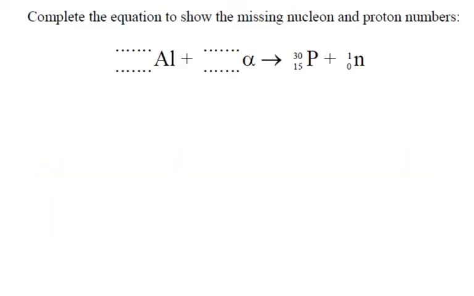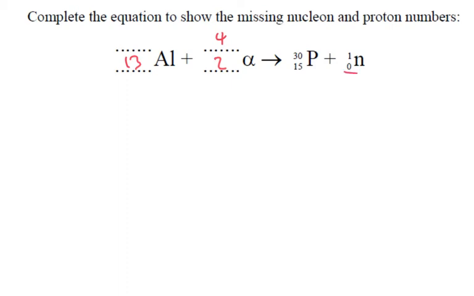Complete the equation to show the missing nucleon and proton numbers. Well, alpha is 4 and 2. And aluminium, well, 2 plus something makes 15. So 13 plus 2 makes 15, and then our neutron is neutral, so that's fine.